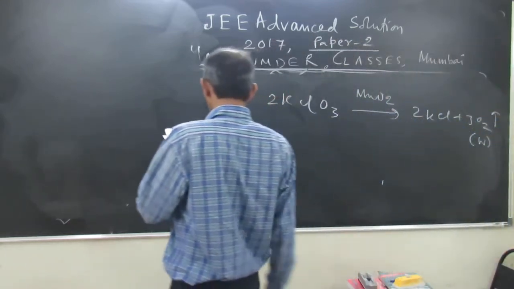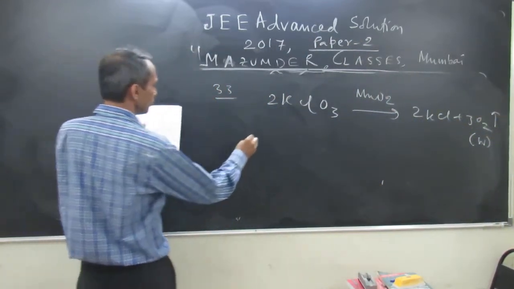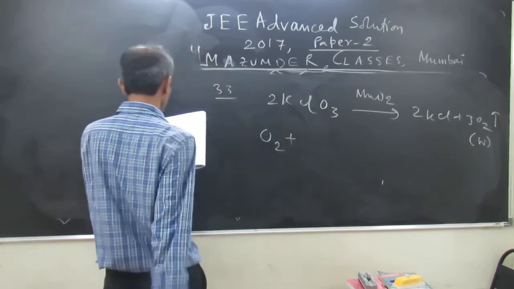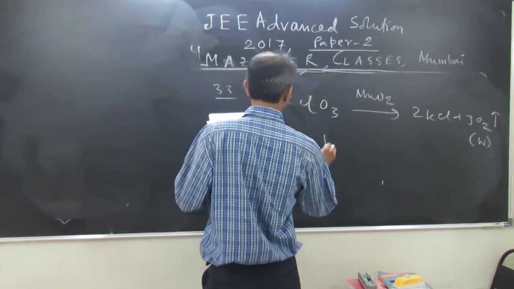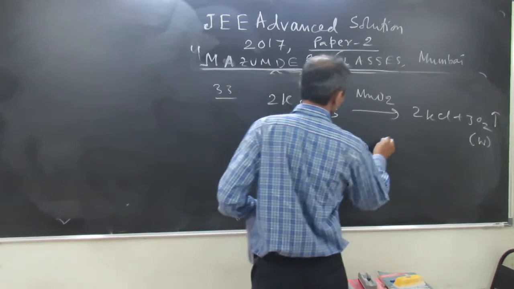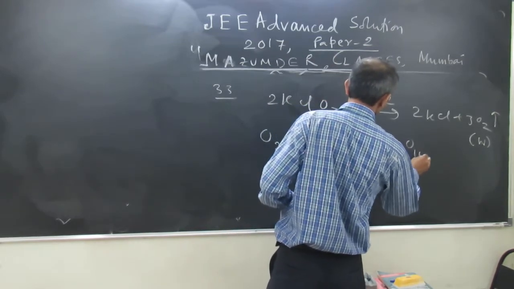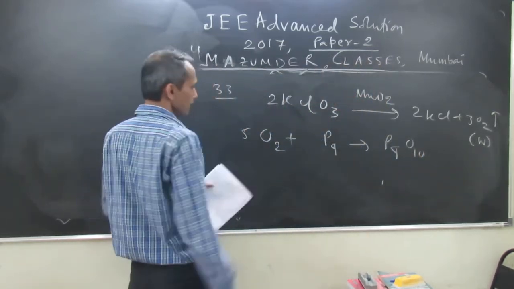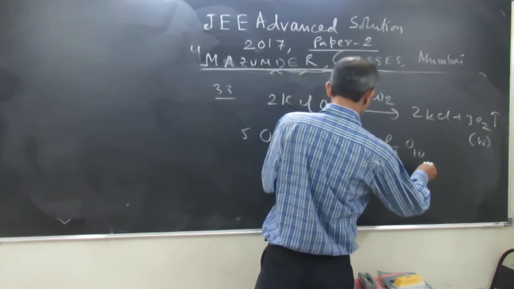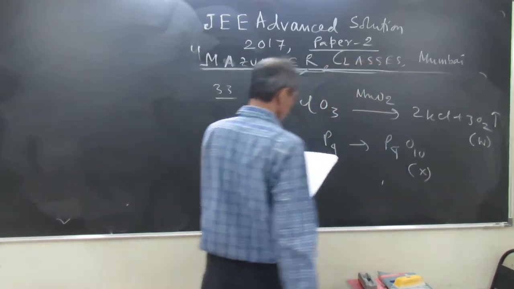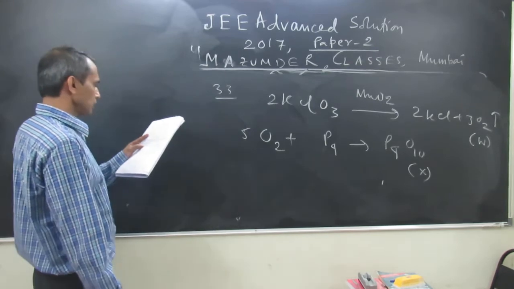Now they are saying W is an excess amount of O2, reacting with white phosphorus. Obviously P4 will give you P4O10, with 5 O2. This P4O10 is your X, and the reaction of X with HNO3.